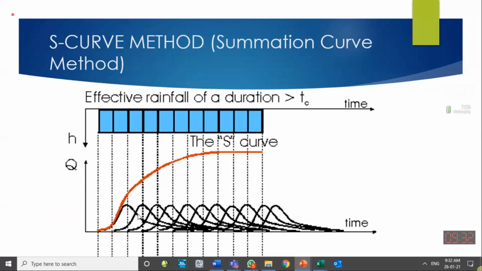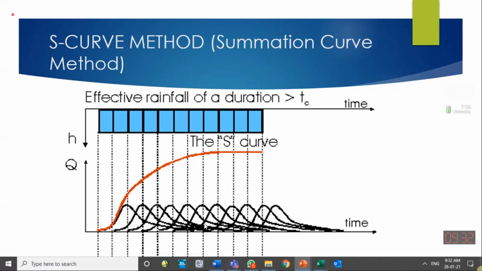We have a unit hydrograph of TR duration, this one, and TR duration is, let us say, this one. These two lines represent TR. Got it? So we have a series of such unit hydrographs, our direct runoff hydrograph. We lag them from each other by TR duration, and we add their ordinates and we get the curve we call the S curve.